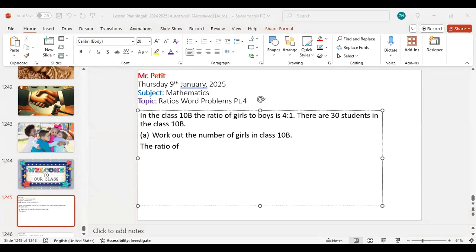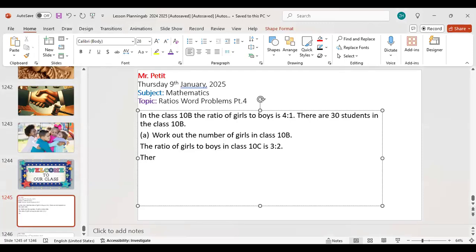Note that 10C is just the name of the class. That has nothing to do with your answer. The ratio of girls to boys in class 10C is 3:2.